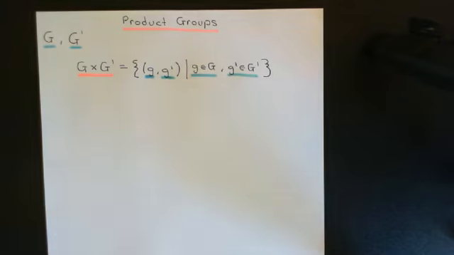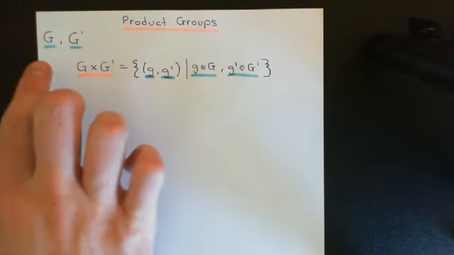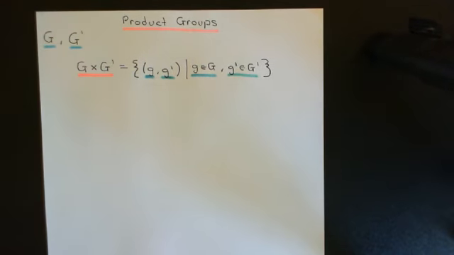So you have effectively taken the Cartesian product of these two sets, and that's the set that we're going to use to produce the product group on. All I now need to tell you is how we're going to define composition on this Cartesian product of the set that underlies the group capital G with the set that underlies the group capital G prime.